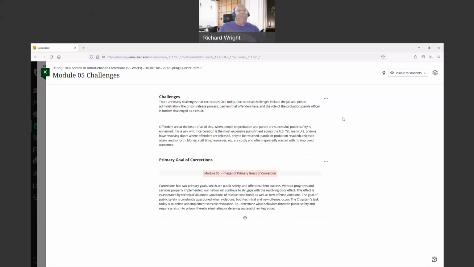So remember, you have a balance between making sure that the public is secure and safe, and you want those individuals to come back demonstrating that they learned their lesson or learned a new direction in life.